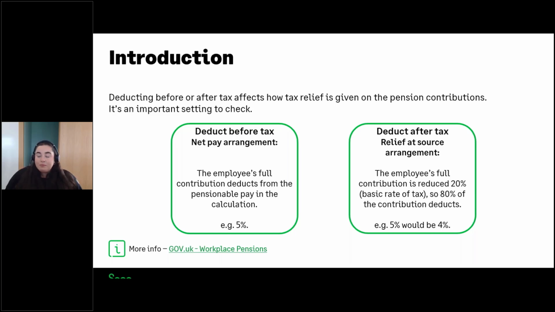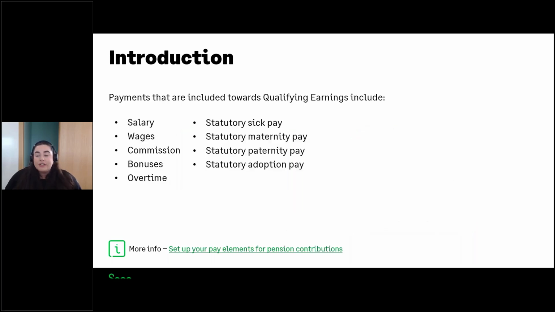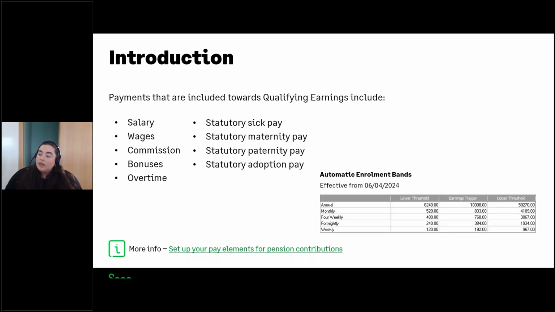But before I do, a little recap on qualifying earnings too, for those of you who've not joined us on any of the pensions webinars just yet. So again, you will have to check with your provider whether your scheme uses qualifying earnings. So just in the bottom right there, I've got a screenshot of the legislation for the qualifying earnings thresholds. We can see we've got the lower threshold, the earnings trigger, and the upper threshold for each different pay frequency.